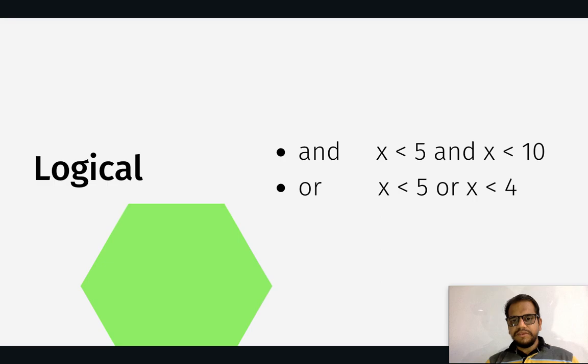It means not necessarily both conditions need to be true. Either x less than 5 needs to be true or x less than 4 needs to be true. In an and condition, both conditions need to be true, then only it goes to the if part, otherwise it goes to the else part. So we will check in the next.